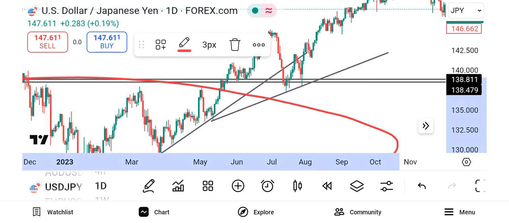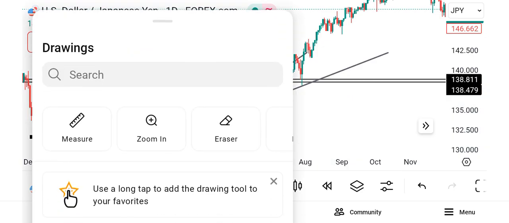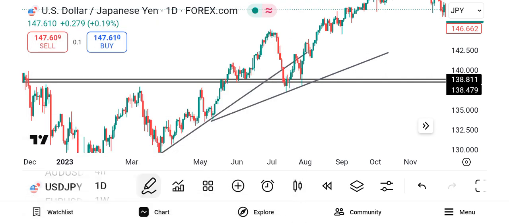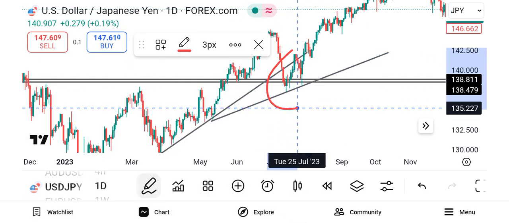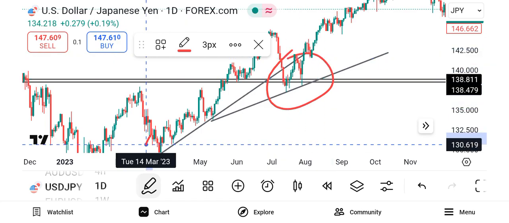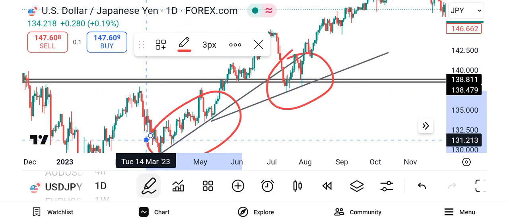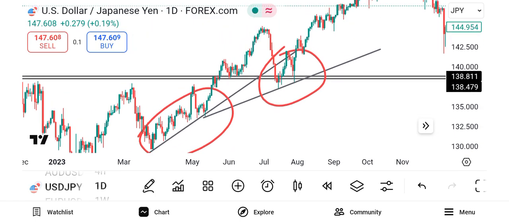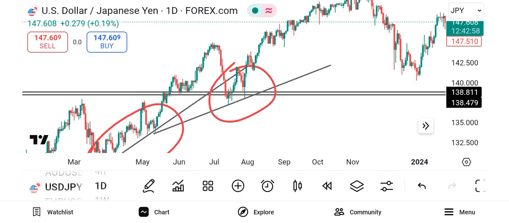Let me quickly delete this one and show you something on the 4 hour. The 4 hour is always where we will look for our entry. Let me quickly cycle this one. Now we know that we are on a trend line. So now how do we get in?